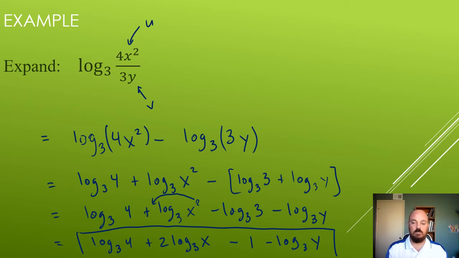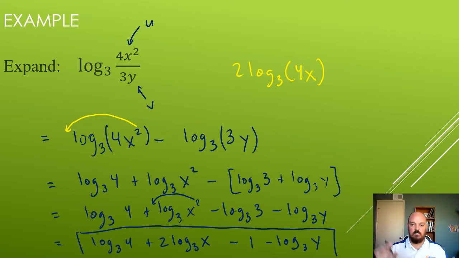Now, before I move on, I want to go back to the first step on this question. Remember I said the exponent rule has to come last? A lot of people, and this would be a mistake, on this very first step, they see that 2, and they go, oh, I'm going to bring it out here and make that 2 times log base 3 of 4x.